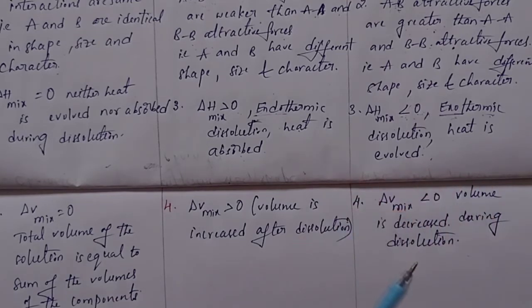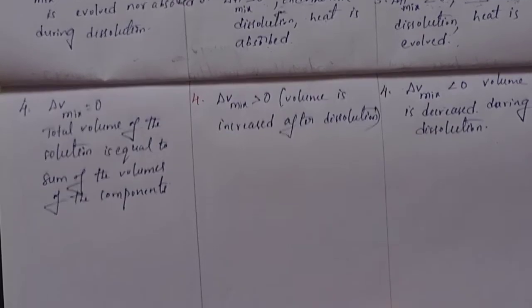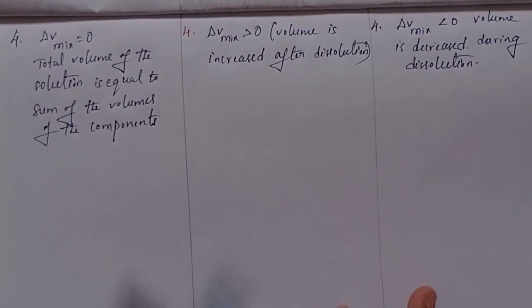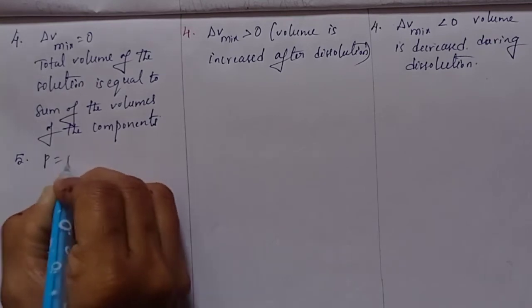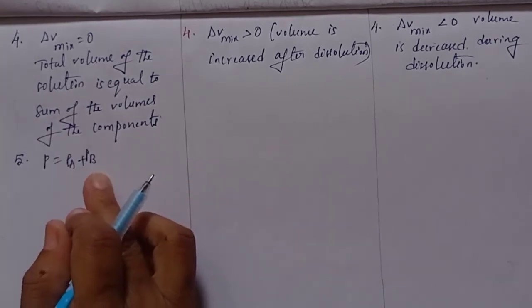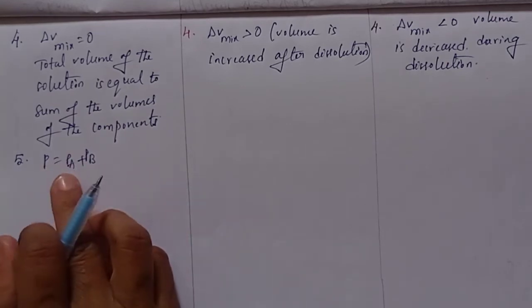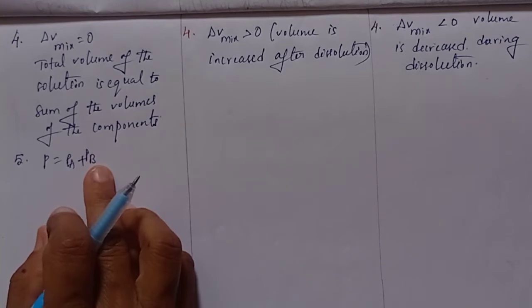Now going to the fifth point, students, here total pressure of the solution is equal to the partial pressures of the components A and B, PA plus PB. In the case of ideal solution, fifth point, total pressure P is equal to PA plus PB. That means total pressure is equal to the partial pressure of the component A plus the partial pressure of the component B. Clear?